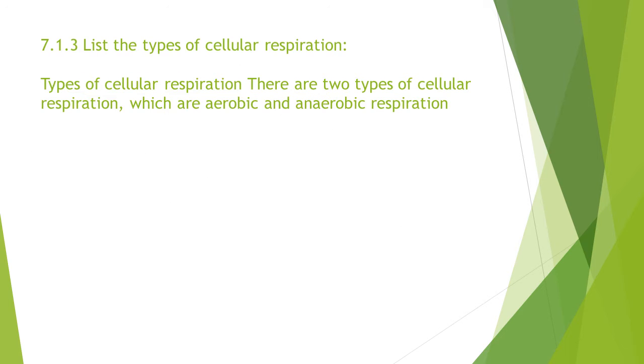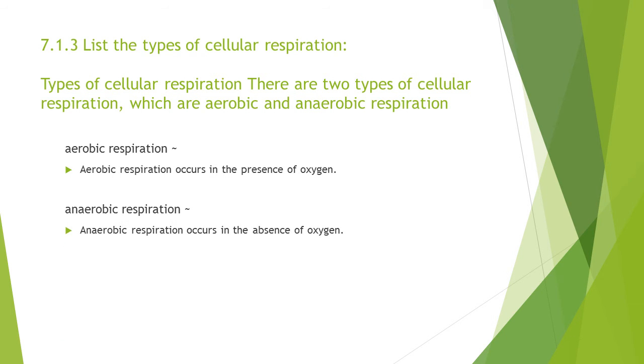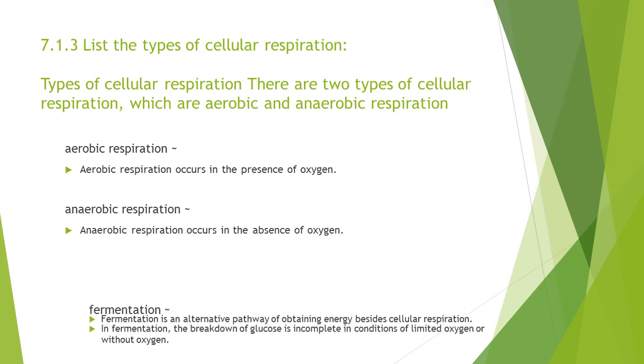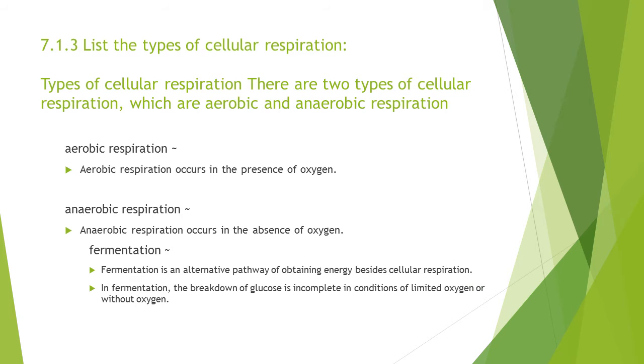So, list the types of cellular respiration. Actually, we have two types of cellular respiration: aerobic respiration and anaerobic respiration. Aerobic respiration occurs in the presence of oxygen, whereas anaerobic respiration occurs without, or in the absence of, oxygen. Anaerobic respiration is fermentation.